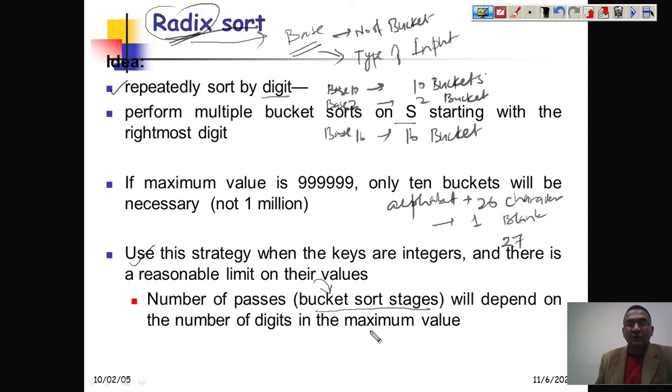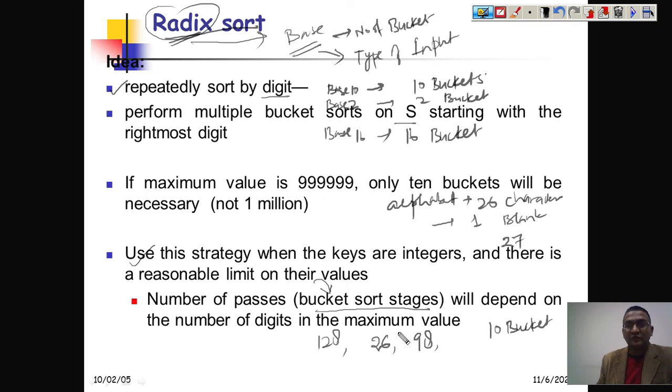So what does that mean? It means if I have provided a sequence 26, 98 and let's say 128, so I have three numbers and I need to sort this sequence. Because all are integers, one thing for sure is that we are going to have 10 buckets to sort the given sequence using Radix sort.